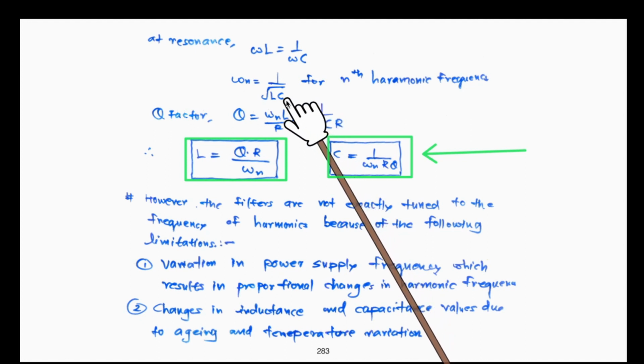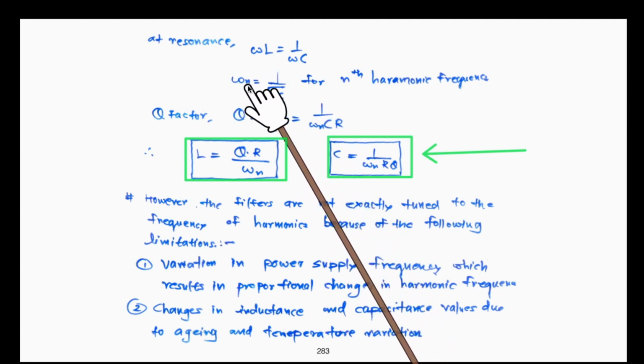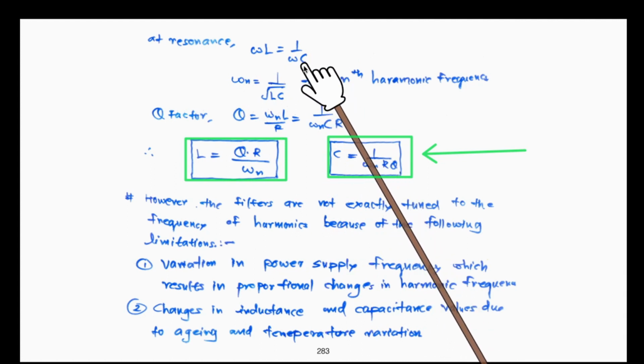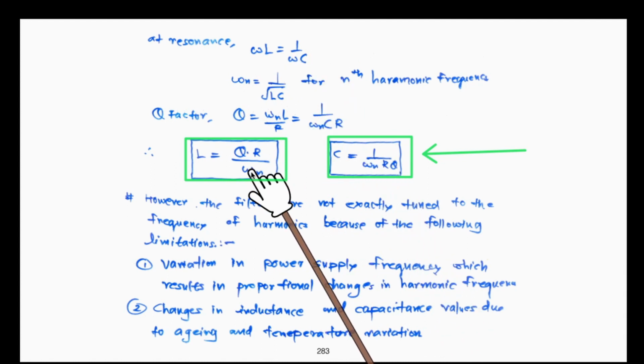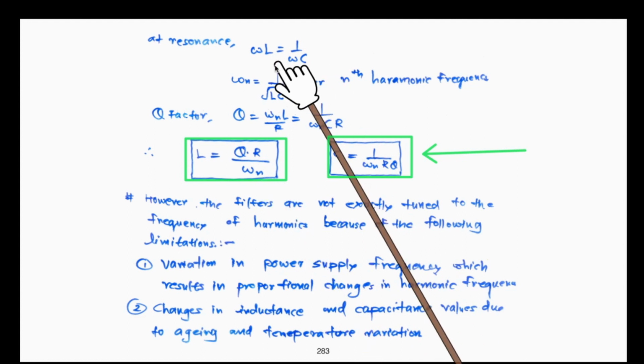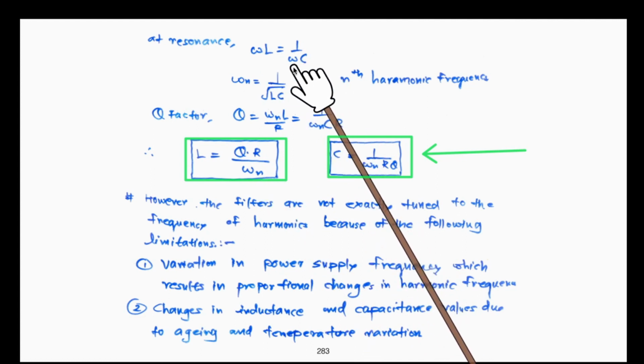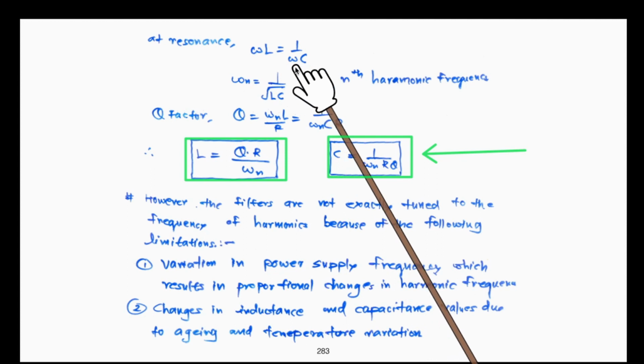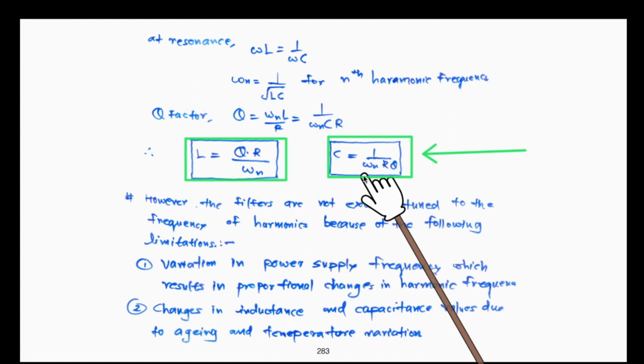As they vary, there is a possibility that resonance will not be struck. Omega L will not always be equal to 1 upon omega C, as omega itself is changing. We selected these components assuming they are for the 11th harmonic, but due to the variation in frequency, the harmonic being substituted here may be something like the 10th harmonic.